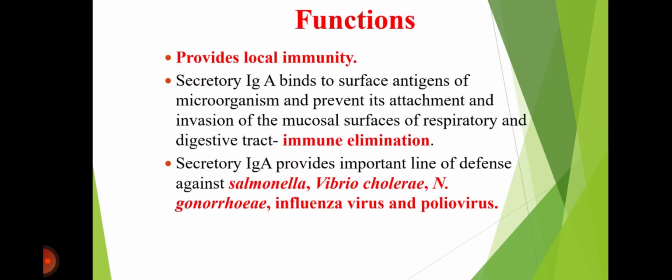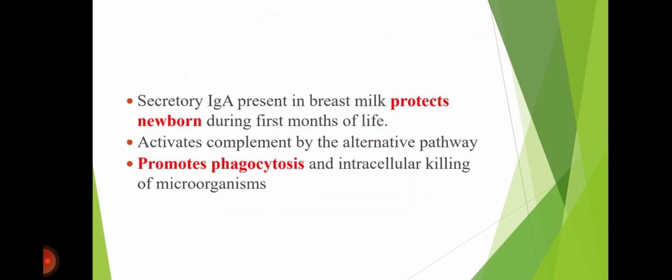Secretory IgA provides an important line of defense against Salmonella, Vibrio cholerae, gonorrhea, influenza virus, and poliovirus. Secretory IgA is present in breast milk, and it protects the newborn during the first month of life. It activates complement by the alternative pathway. IgA promotes phagocytosis and intracellular killing of microorganisms.